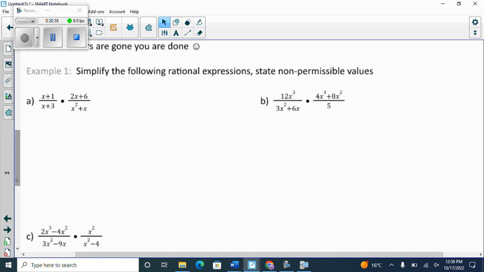So our first numerator on the left is x plus 1. Can I take out any GCFs, or is there any difference of squares happening to that? X plus 1? Can I do anything to it? No. So, is the x sewn to the 1 by a plus sign? Yes. If the x is sewn to the 1 by a plus sign, we put brackets around it. So that's all I can do with that first numerator. I can go x plus 1 in brackets.